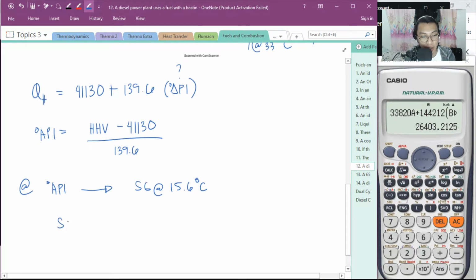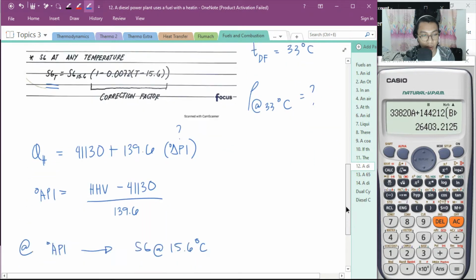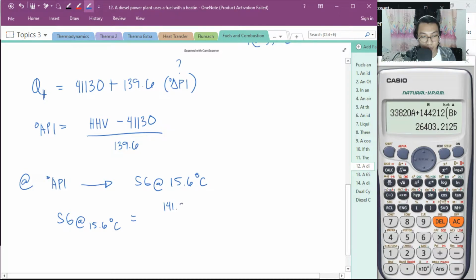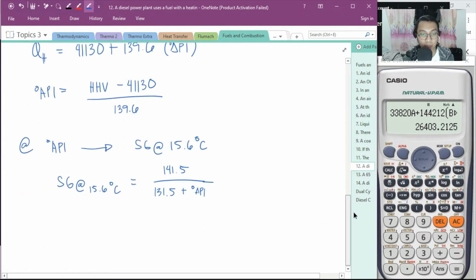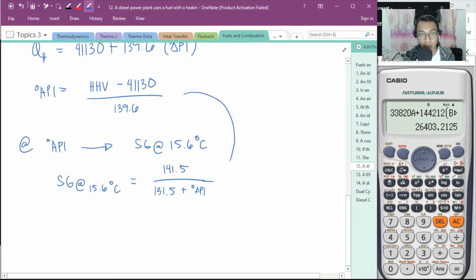Even with this formula, SG at 15.6 degrees Celsius, that is equal to 141.5 divided by 131.5 plus degree API. Ang problema, sir, wala tayong degree API. Pwede ba, sir, na itong degree API na to ipasok ko na lang dito para iisahang computation na lang? Yes, pwede. So, SG at 15.6 degrees Celsius, ganyan na lang kayo mag-solve para isa ang pindutan sa calculator.